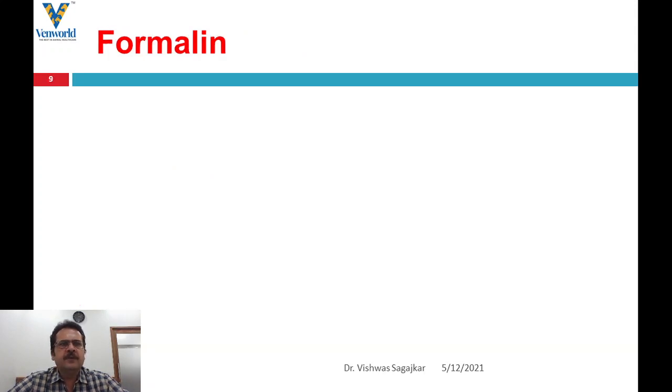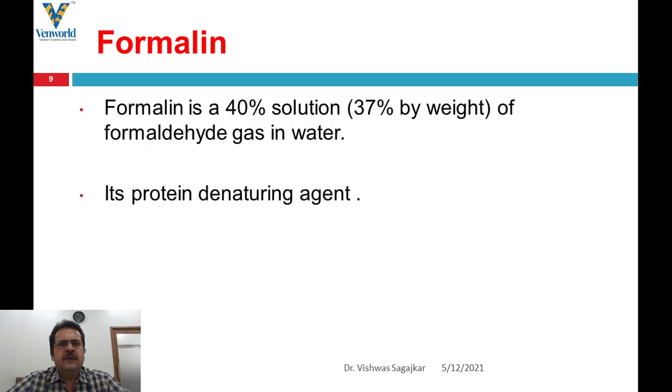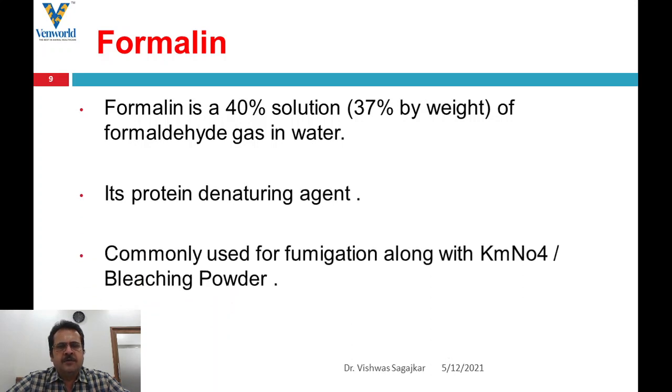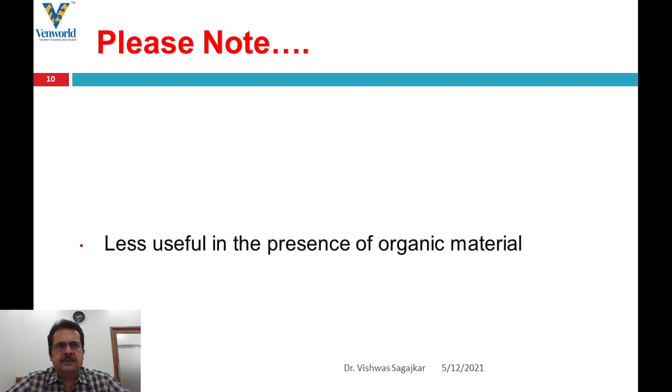Then the second chemical is formalin. Formalin is a 37% weight by volume solution of formaldehyde gas in water. It is a protein denaturing agent for bacteria and viruses, and it is commonly used for fumigation along with potassium permanganate and bleaching powder. It is widely used in hatcheries for fumigation, and in the hatchers also.